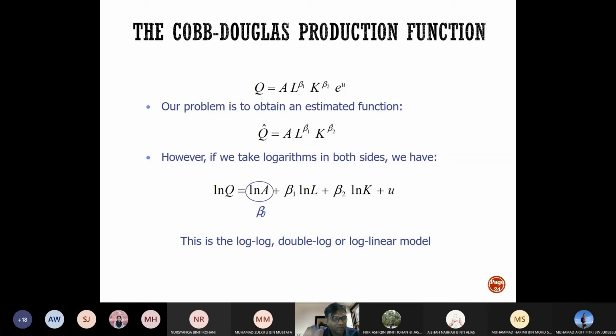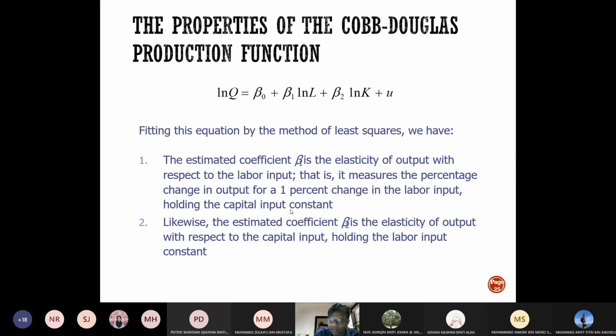Does anyone know these terms? Yes, I've heard it. Very good. So beta naught is a constant, as you know, and beta 1 is a parameter. Beta 2 as well is a parameter. Based on that, we are able to discuss these things.